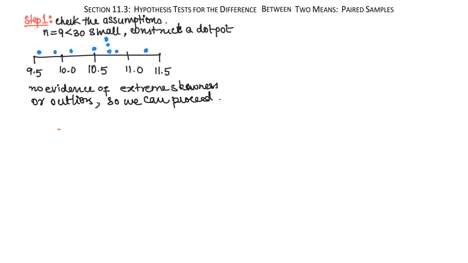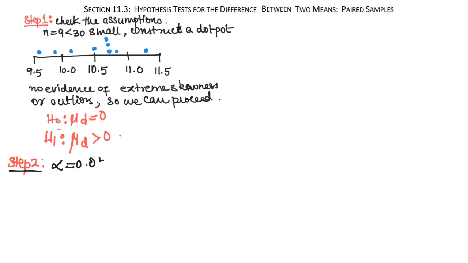So now we need to state the null and alternate hypothesis. So the null hypothesis is mu d equals 0 and the alternate hypothesis is mu d greater than 0. Now choose the significance level. Alpha is 0.05. Because it's greater than 0, it is a right tail test.